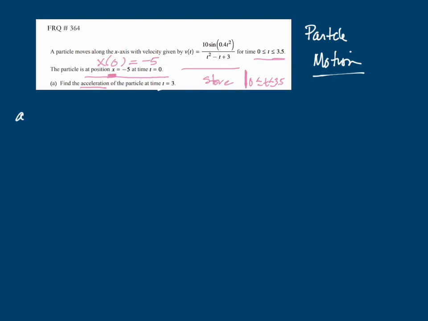So you'll say A of 3 is equal to V prime of 3. And then you are going to use your calculator. All you have to do is put a number here. It's going to be -2.118.